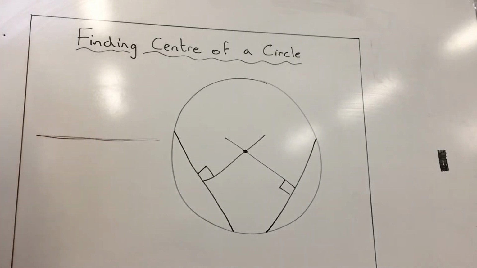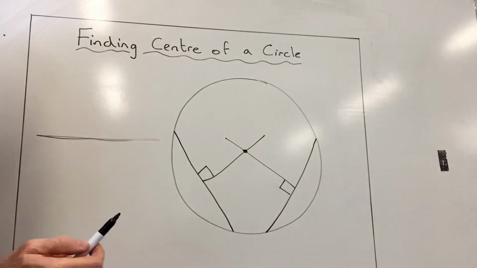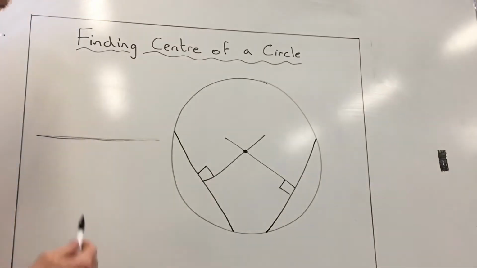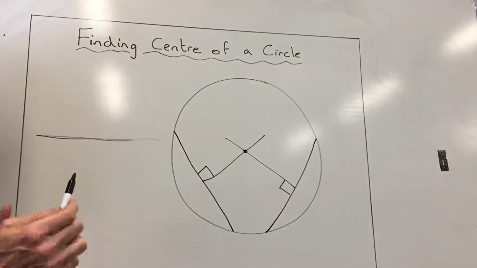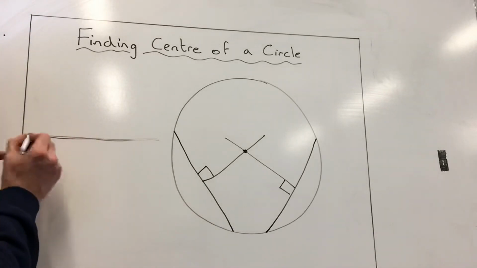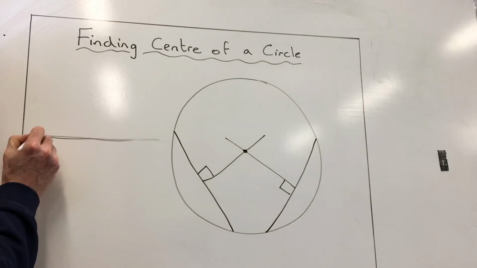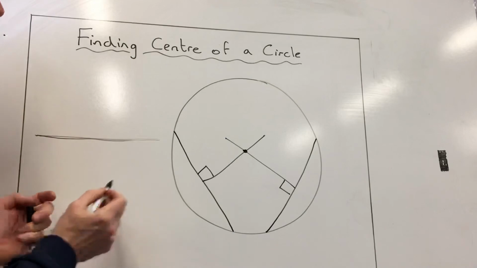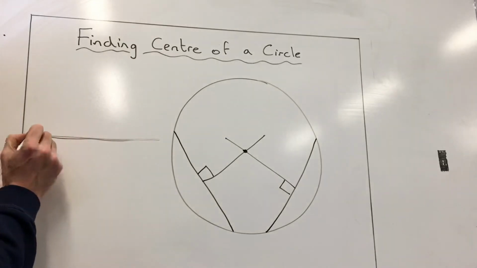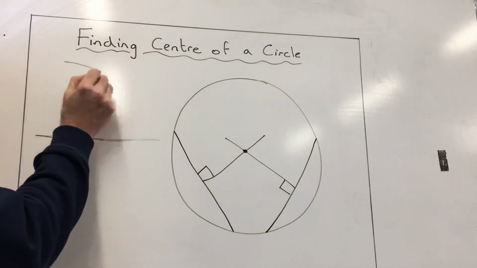Well, all you do is you get your compasses and you set your compasses a distance apart, more than halfway. So put your point at this here, and it's going to make an arc there. Anyway, it doesn't have to be accurate, but you're going to make an arc up here.